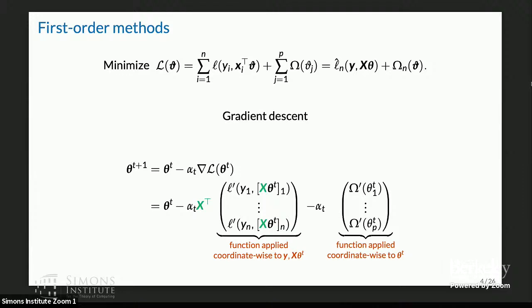The important thing is that it looks like AMP in a certain sense. The sense being that it involves two types of operations. First, in green, multiplication by our design matrix or its transpose, and in red, application of some function coordinate-wise to the iterates or some function of the iterates. Okay.